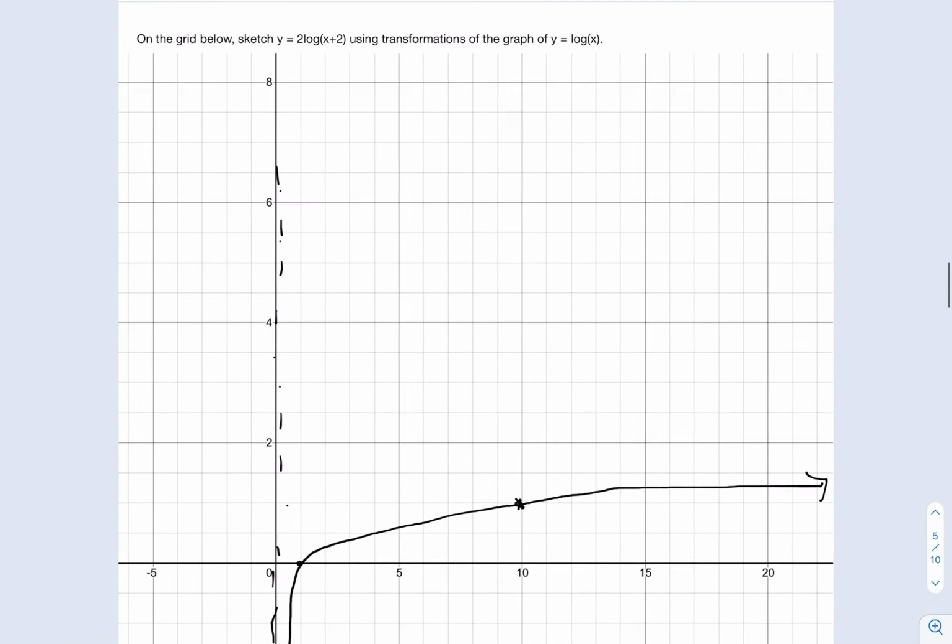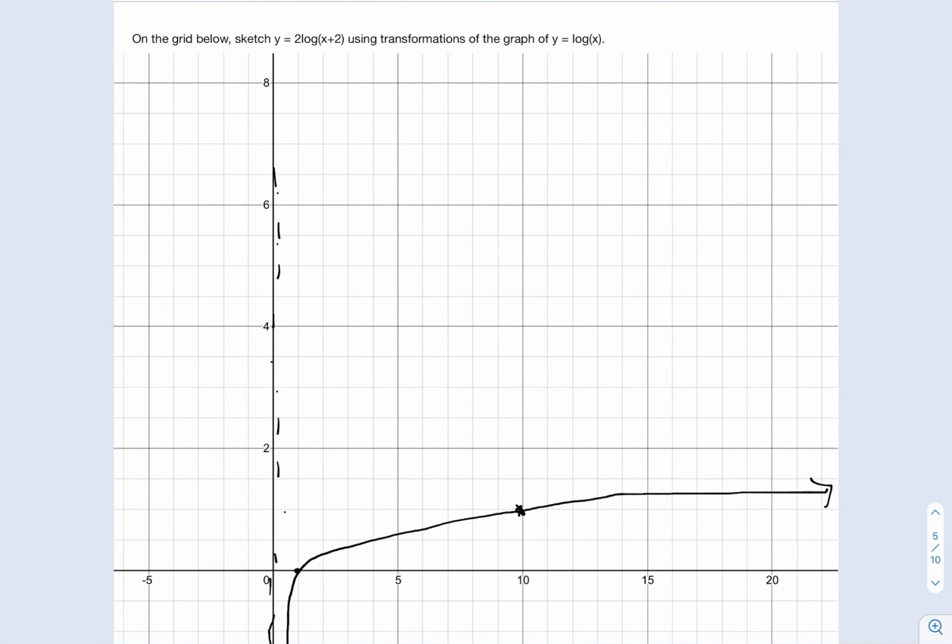So all we want to do here is transform it. So 2 log x plus 2, whenever we see the argument has something different, instead of x, it's x plus 2, we take every point and we shift it 2 to the left. And even before that, we see this 2 out in front, so we multiply every point we see before by 2. So if this before was 10 and 1, it's going to be 10 and 2. We're just multiplying every point by 2, right?